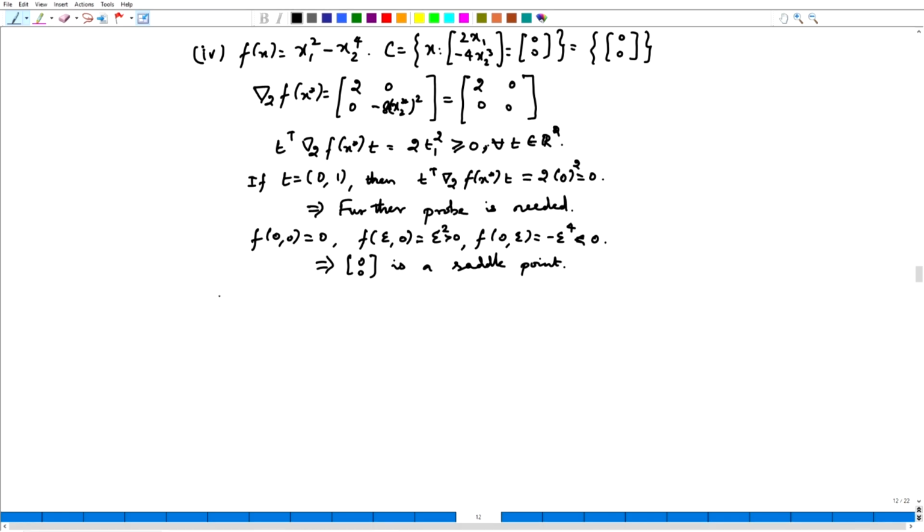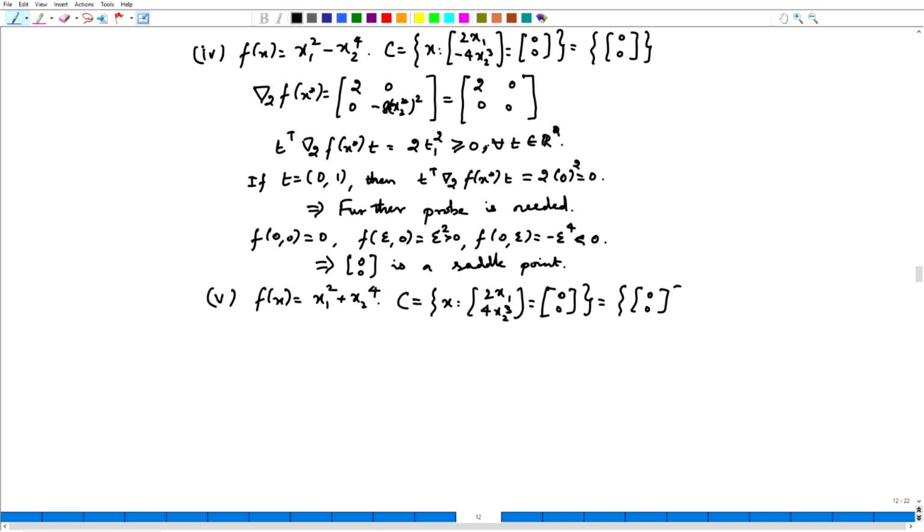So, let f(x) equal x1 squared plus x2 to the power 4. Again you can be convinced that the gradient is (2 x1, 4 x2 cubed), and that is 0 only when x1 and x2 are 0.